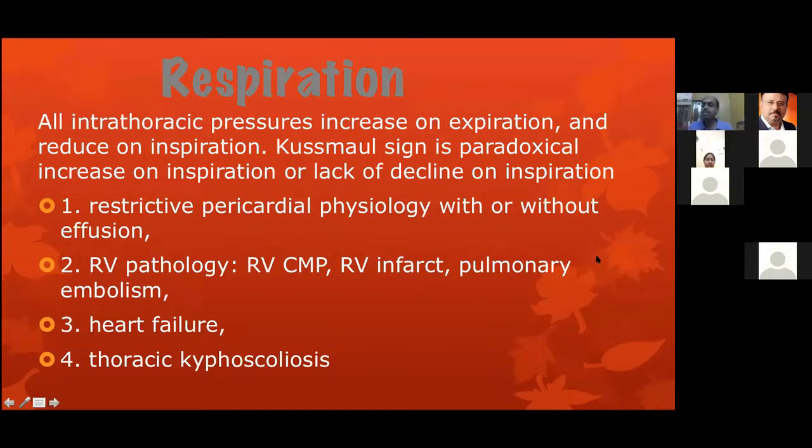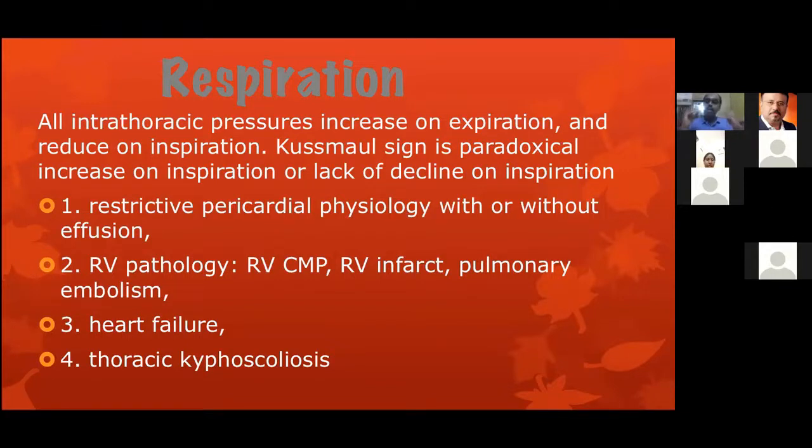Right-sided A pressure compared to left-sided A pressure, which is more? In general, left atrial mean pressure is higher, and right atrial mean pressure is lower. The right atrium will have taller A waves and smaller V waves. The left atrium will have smaller A waves and taller V waves.